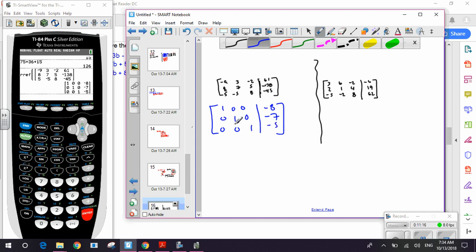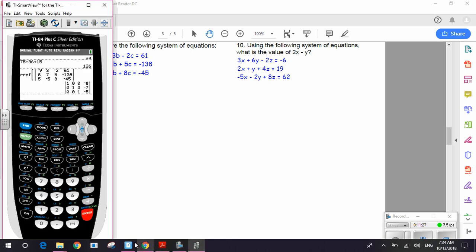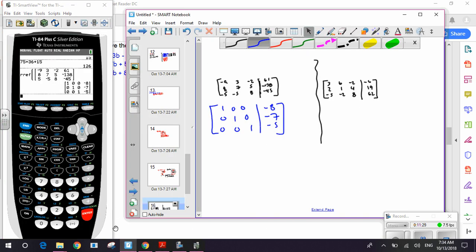So if we go back to the problem, it was an A, B, C order for all equations. So that means our output, this is A, this is B, this is C. So we write it as an ordered triple, it would be -8, -7, -5 in alphabetical order.